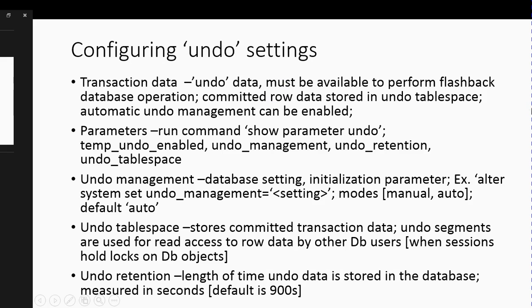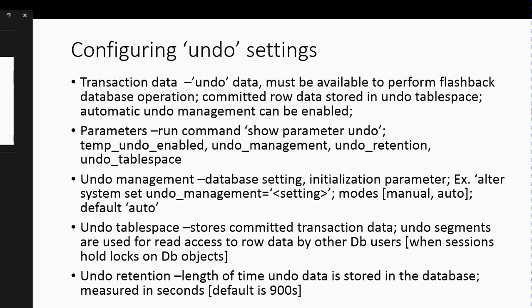You need to have the specific undo data to be able to perform the flashback operation. That's why it's very important to always commit transactions, if those are the modifications that you want to make.